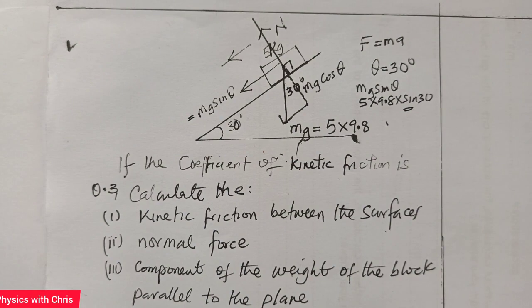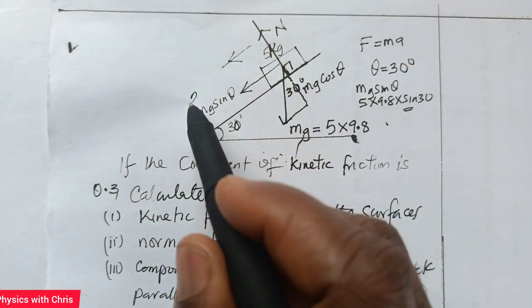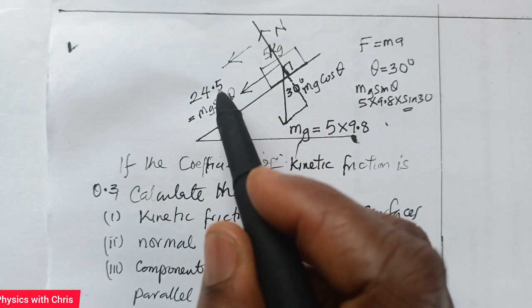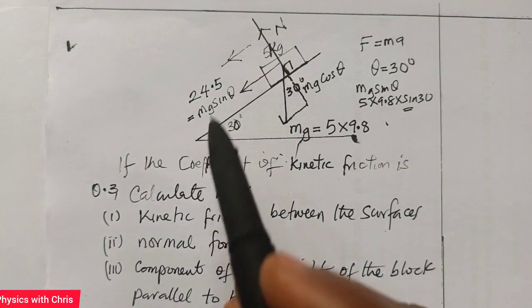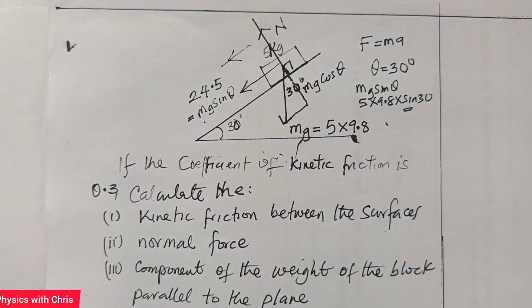That gives me 5 multiplied by 9.8 multiplied by sine of angle 30. That's 24.5 Newton. That gives the component of the weight that is acting down the plane.